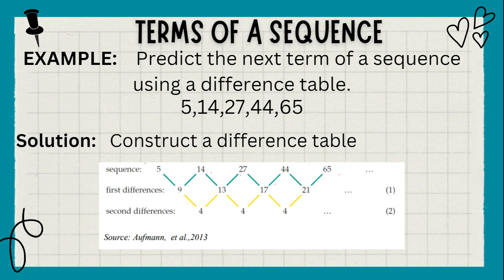So, imo siyang i-minus. Kaya difference table man siya. So, first difference or kanang una nimong pag-minus. 14 minus 5 is 9. 27 minus 14, 13. 44 minus 27, 17. And 65 minus 44, 21.